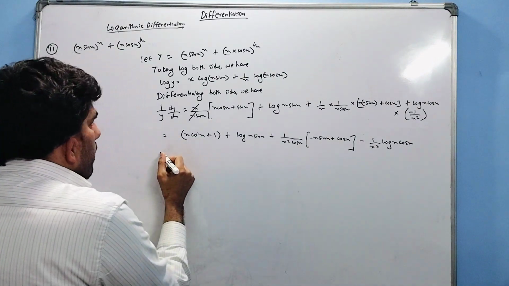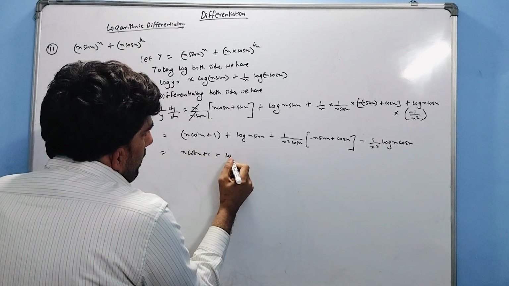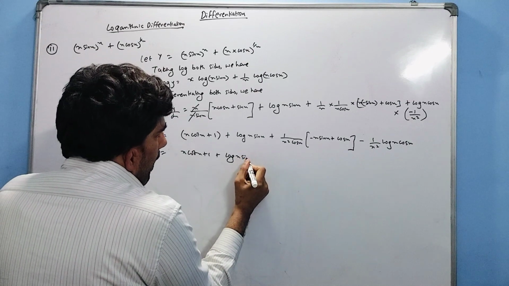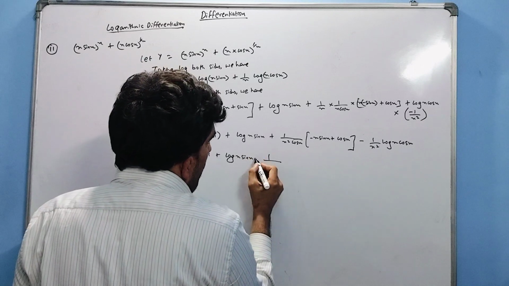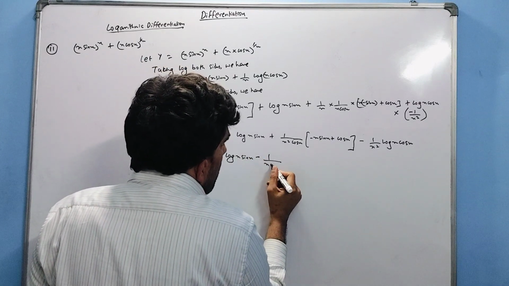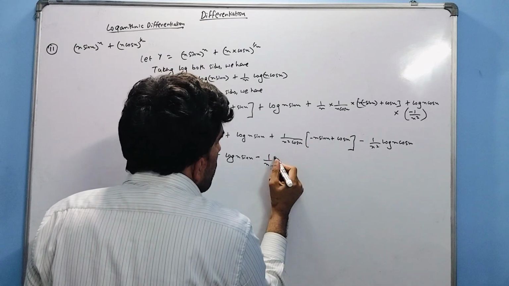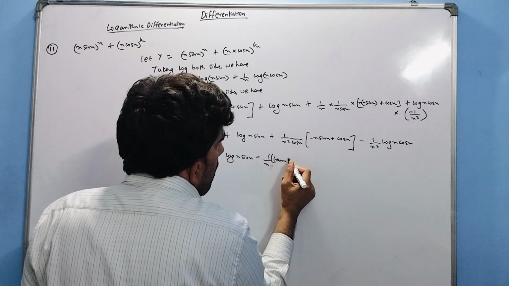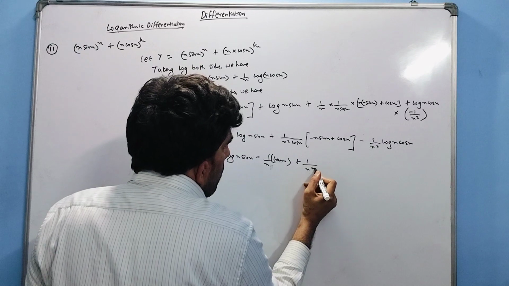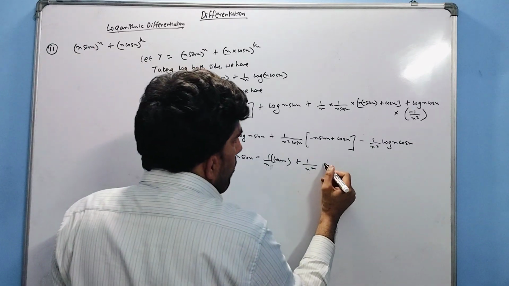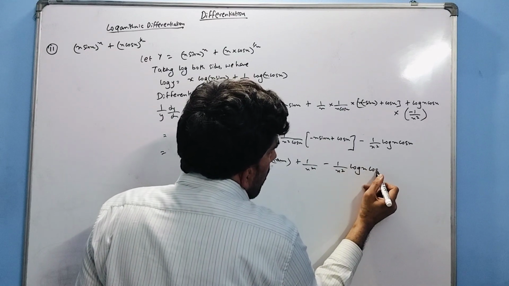Now a simple way: x cot x plus 1 plus log of x sin x plus 1 upon x square, if I multiply inside, what we get is minus 1 upon x sin x upon cos x, which will be tan x. Then we have cos x whole, plus 1 upon x square. Okay, and here we have minus 1 upon x square log x cos x.